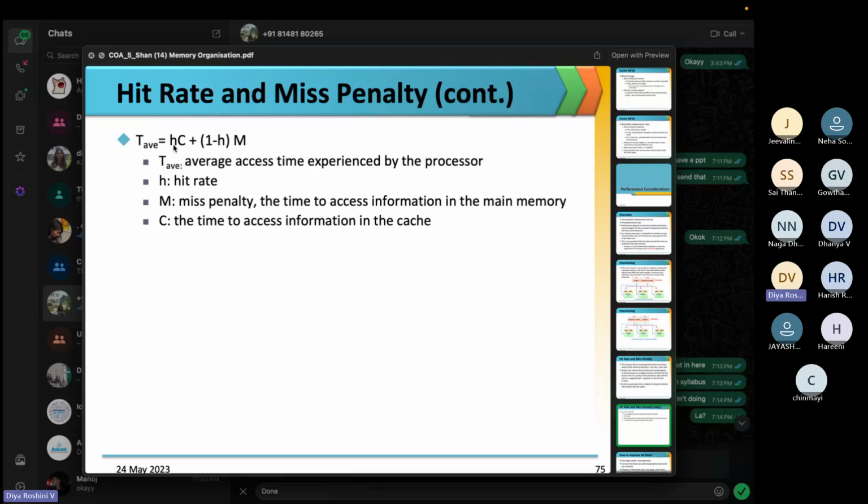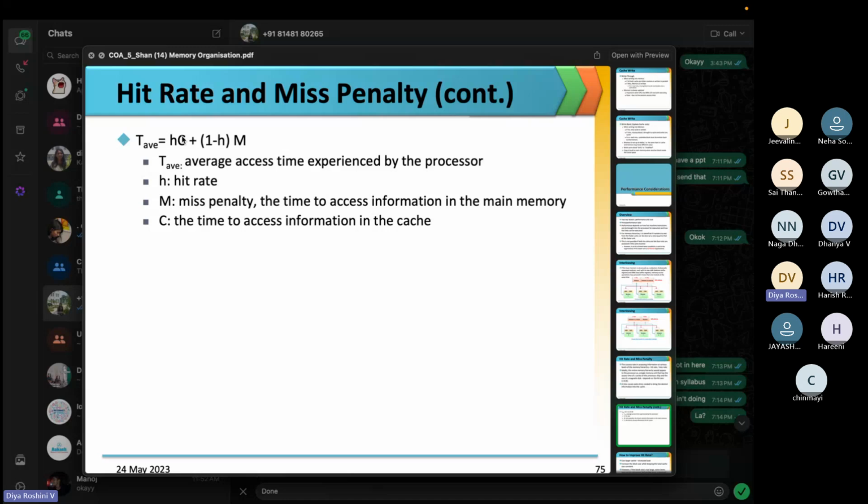Now you'll see the basic expression to calculate your average time. This is not the exact time, it's the average time. So H is your hit rate, the number of hits by the total attempts. C is the access time of your cache. This is with the assumption that there's only one cache and one main memory. There are no levels to your cache, just one cache.